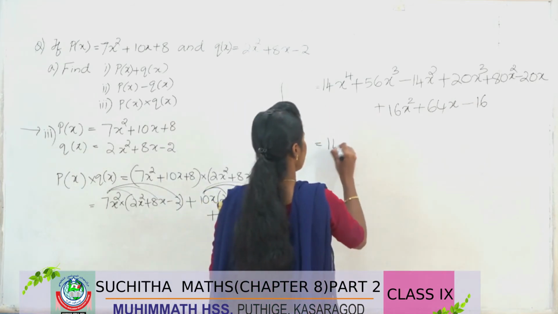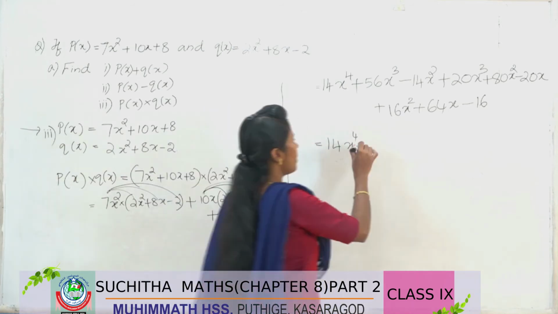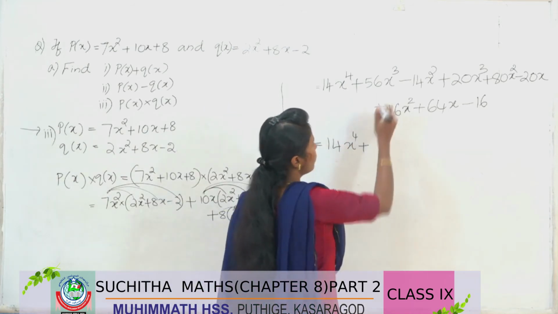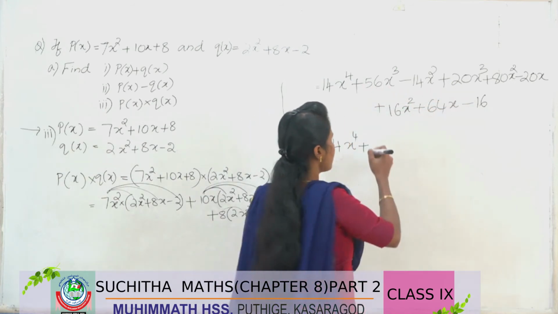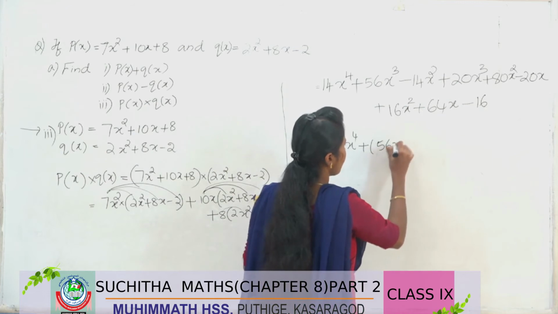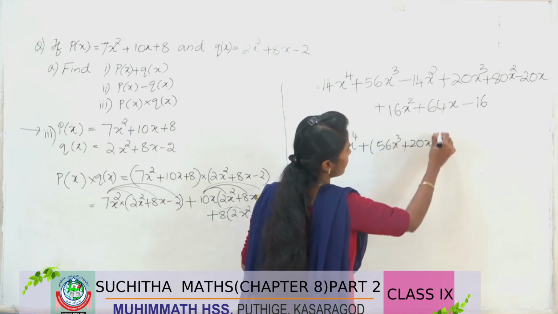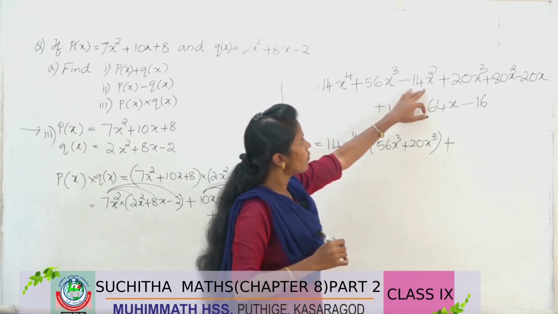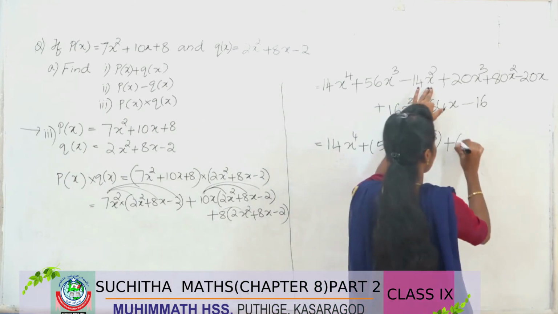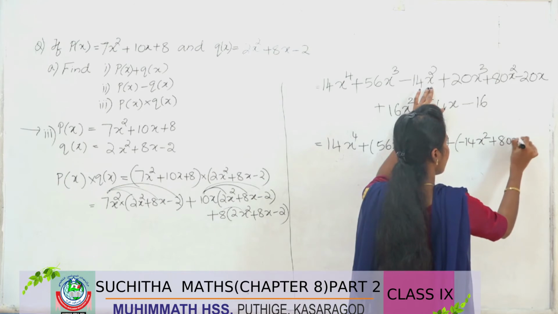Now add this: 14x raised to 4 plus 56x cube plus 20x cube, plus minus 14x square plus 80x square.